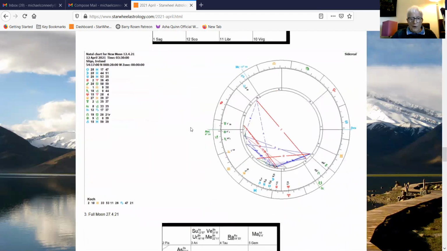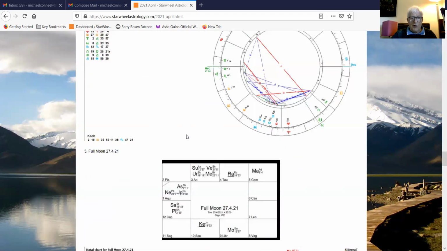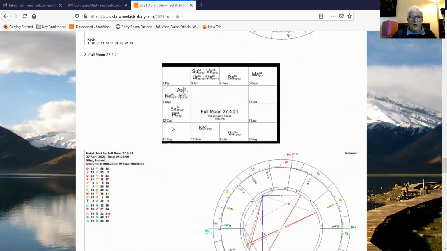And so we move on down the 2021 April page to the full moon of the 27th of April at the end of the month. There's important stuff here, there really is, because in fact this full moon is in Swati Nakshatra in Vedic Libra, and it's also being activated by Uranus opposite moon, Uranus opposite Swati Nakshatra.